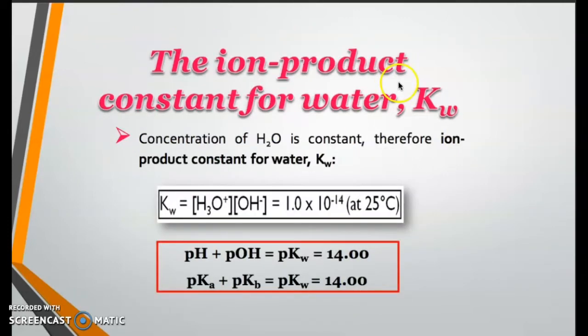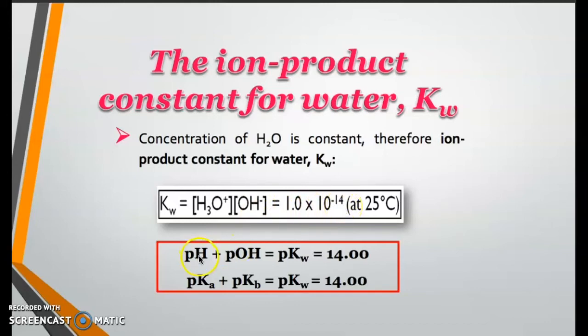The ion product constant for water, Kw. So this is the formula. At 25 degrees Celsius, Kw is equal to the concentration of hydronium ion or hydrogen ion multiplied with the concentration of hydroxide ion, which is equal to 1.0 × 10^-14.